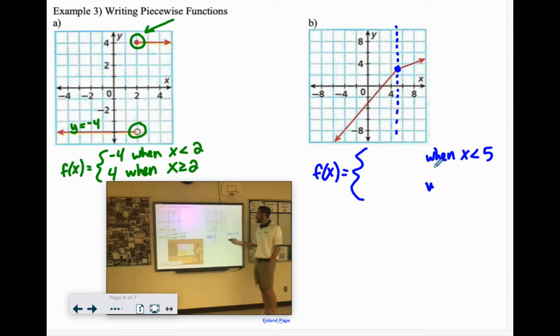And then it changes when x is greater than or equal to 5. It doesn't matter, you're not going to say x is less than or equal to 5 and greater than or equal to 5. We're just going to go with greater than or equal to 5.